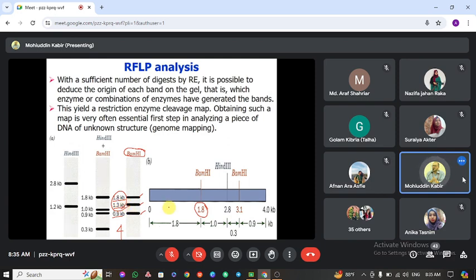So the second restriction site is located at the 3.1 kb position. And the remaining band is 0.9 kb, so that properly balances the total length.